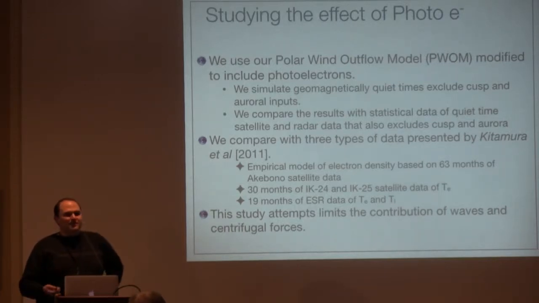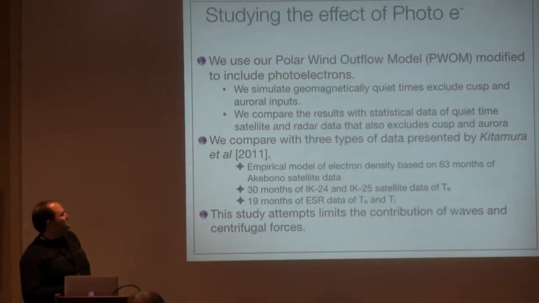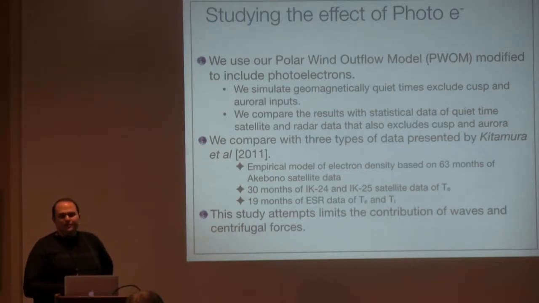We wanted to look at what's the background contribution during geomagnetically quiet times. We exclude the cusp regions and the auroral inputs. We're really trying to look at what's the contribution of the superthermal electrons to the quiet time solution. And so to do the comparison, we compare the model result.